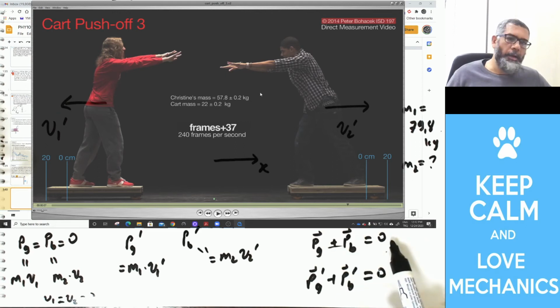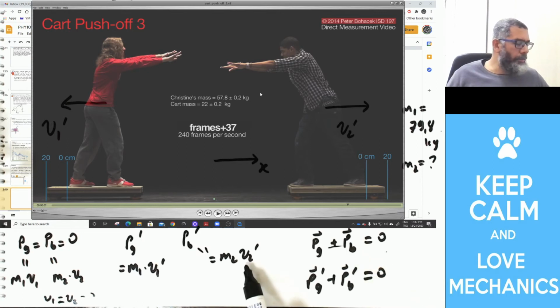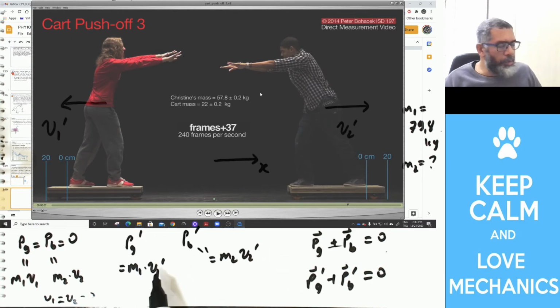If it is zero, it's going to be zero all the time. So by using this information, let's try to find what m2 is, because we will be able to determine v1 prime and v2 prime.